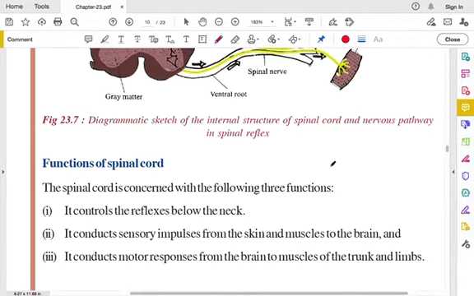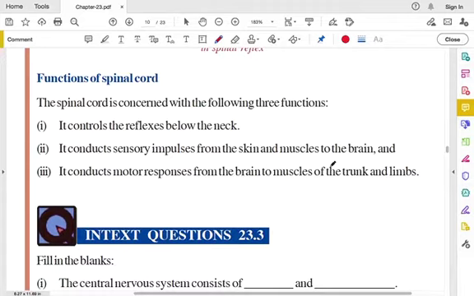And the functions of the spinal cord, there are three main functions. The first one is that it controls the reflexes below the neck. Reflexes means any emergency reaction that is needed from your body.